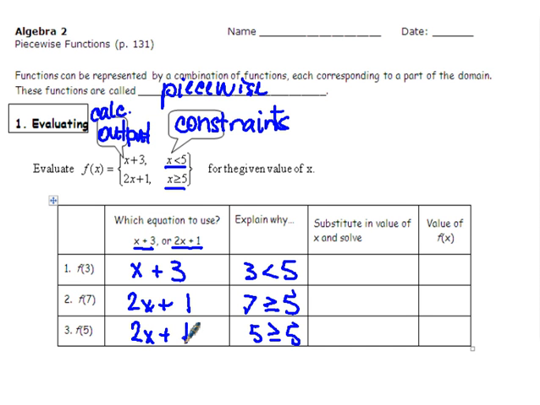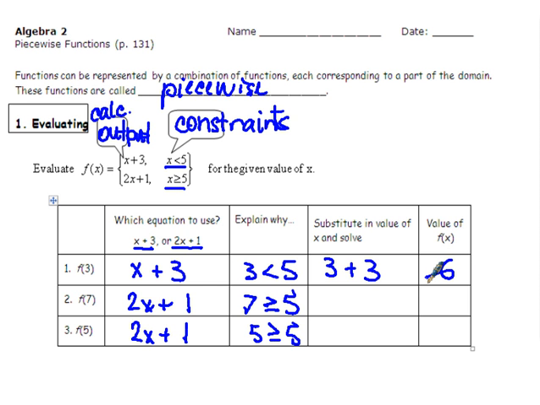Now, we will substitute in the value for x and solve. So this is the equation we are using for 3, x plus 3. If we put 3 instead of x, we get 3 plus 3, and the value is going to be 6.